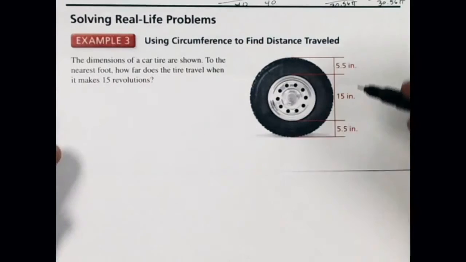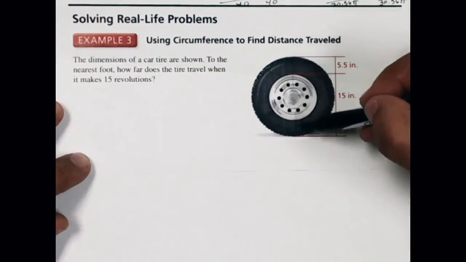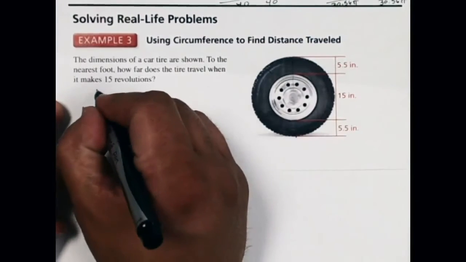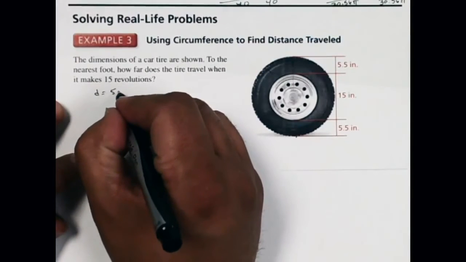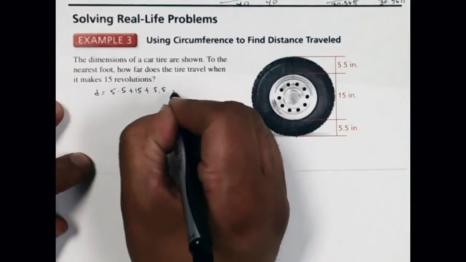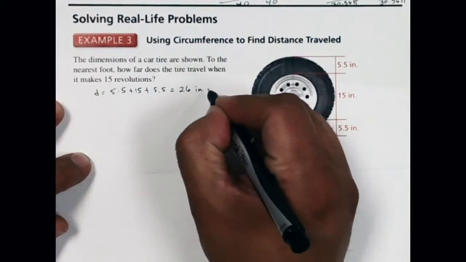So in order to do this, since they gave me these different dimensions here, if I were to go straight through, that would be the diameter of the tire. So my diameter is going to equal 5.5 plus 15 plus 5.5, which is going to be 26 inches.